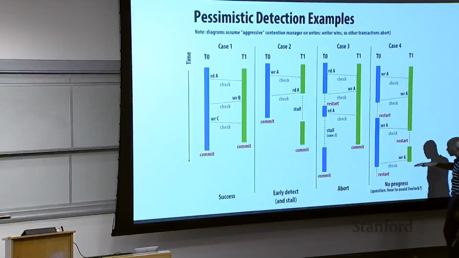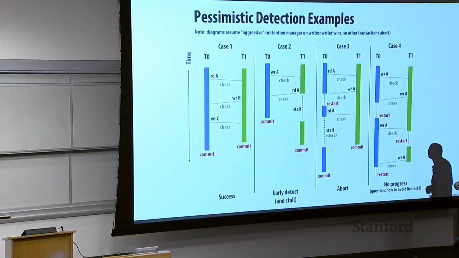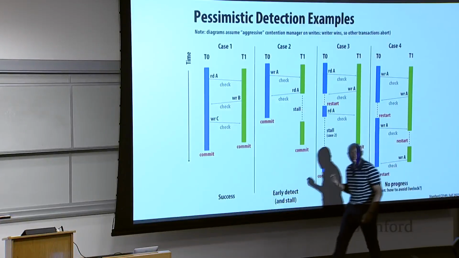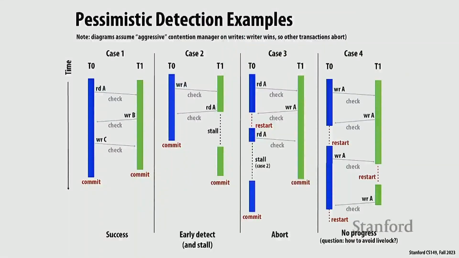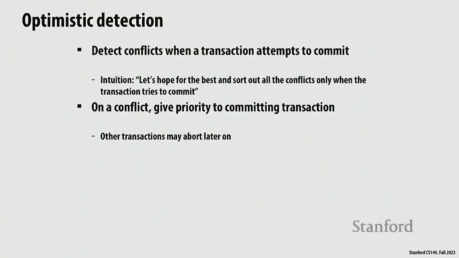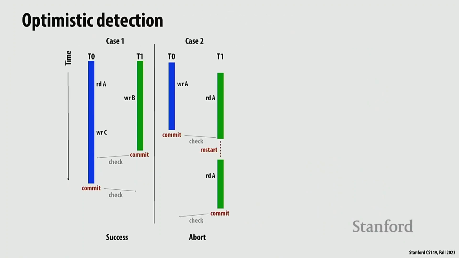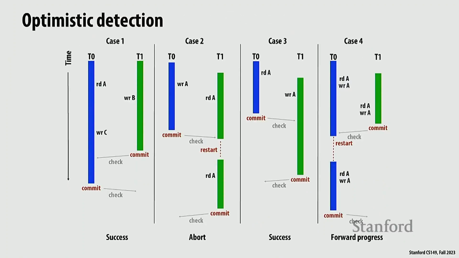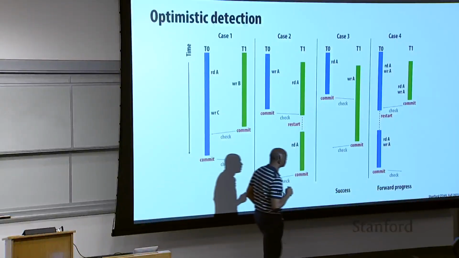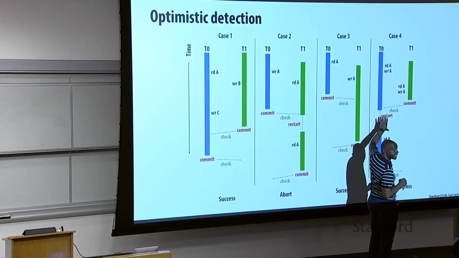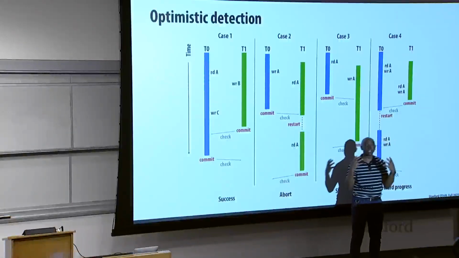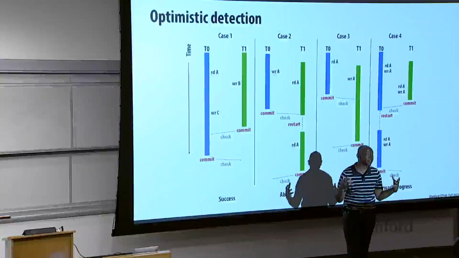policy, sometimes we had a situation where we had live lock and we needed to detect that, and the transactional memory system would have to recover from live lock to make sure that the application could make forward progress. And then we also did the optimistic case, and in the optimistic case you didn't have live lock, and the reason is, of course, that the committing transaction always wins, right?